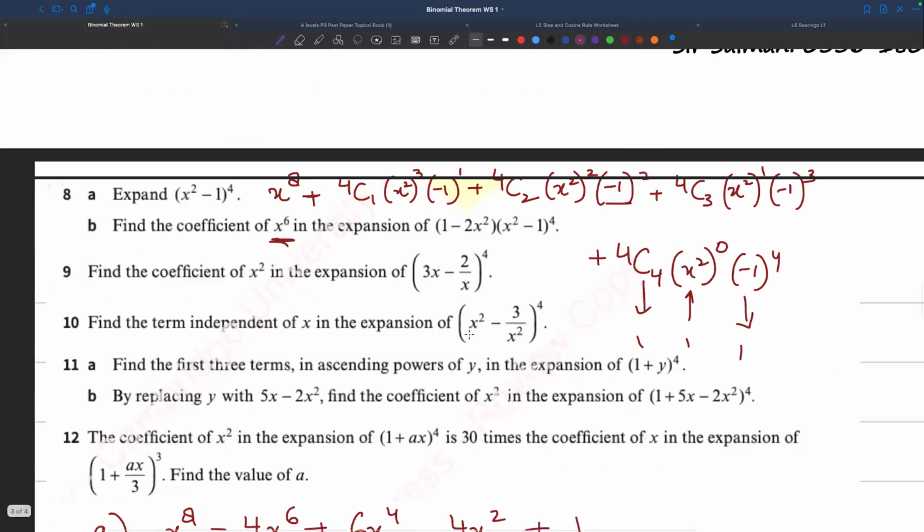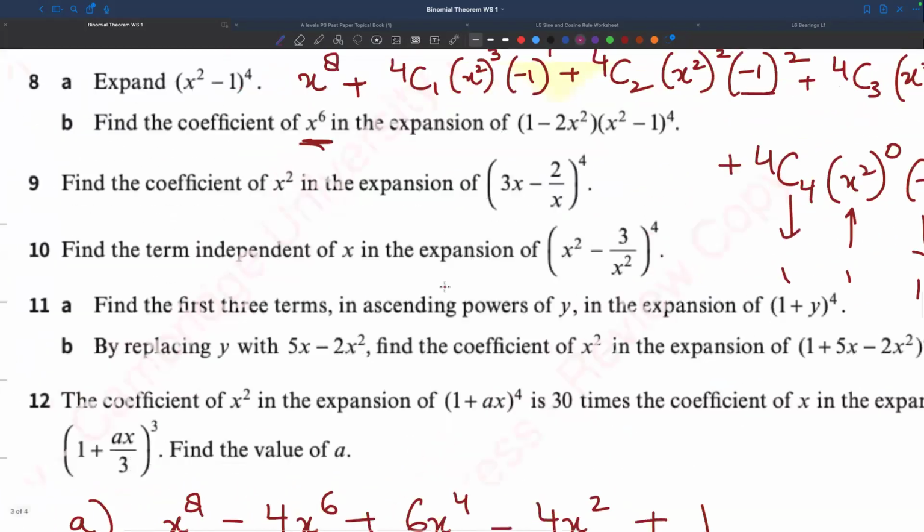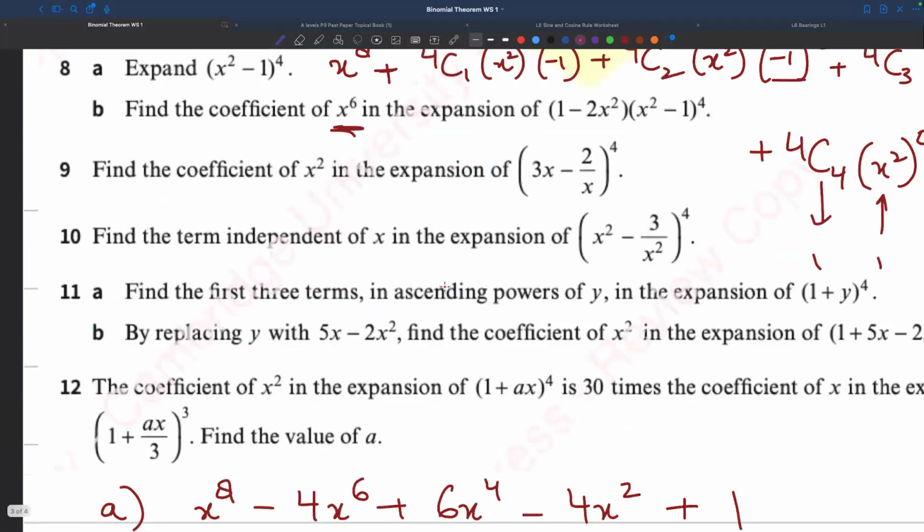Basically what I'm trying to tell you is that okay, Subhan, in question 10, independent of x, what would you do that will give you a term independent of x? मतलब x will cancel out. 4C1, 2, 3, 4 or 4C0 or what? So in the numerator you want square, in the denominator you want square, or you want 4 and 4, है ना? 2 नहीं होगा, 4C2, right?